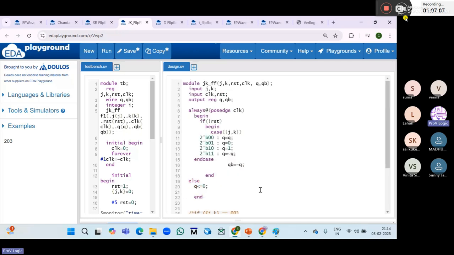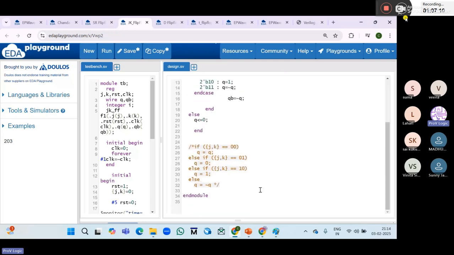Both are behavioral modeling only. Okay, clear till here, everyone?